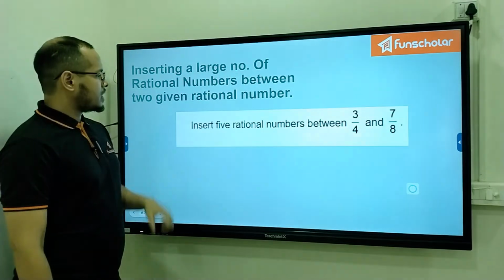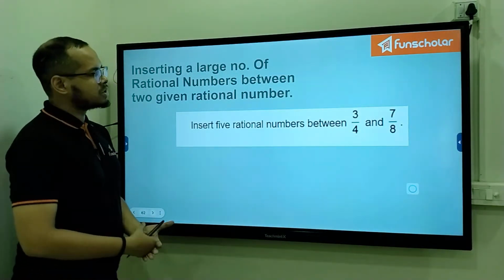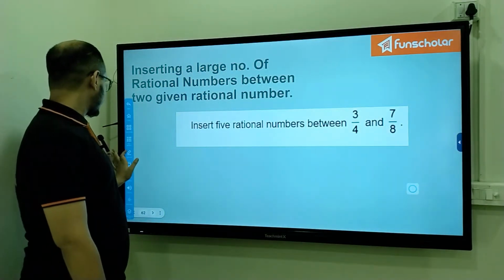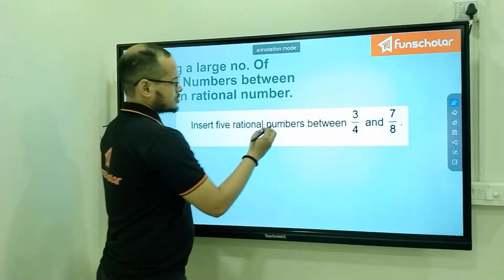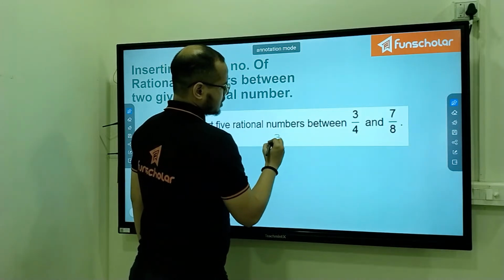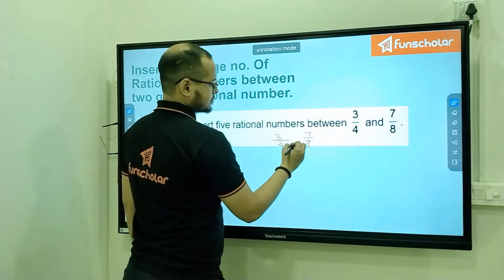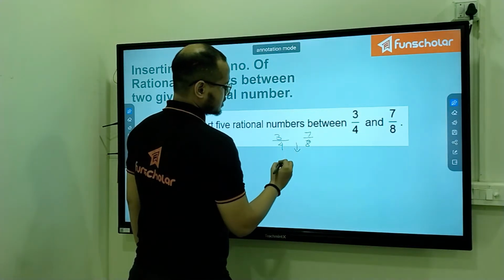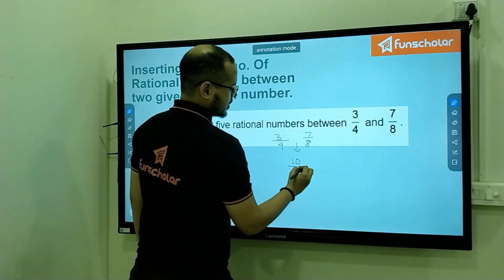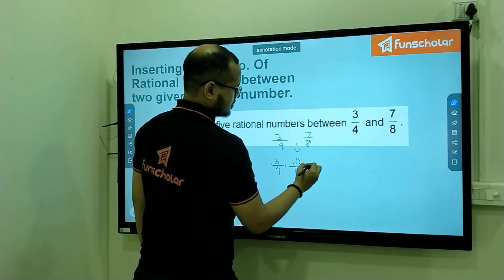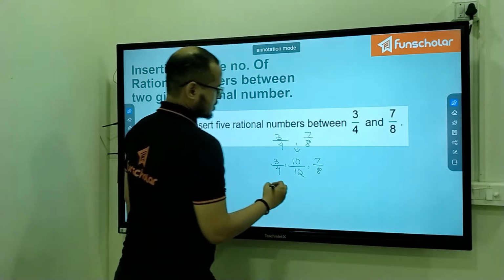Now last, insert 5 rational numbers between 3 by 4 and 7 by 8. Let's solve it. So 3 by 4, now utilize that average method that we have found. First let's add these two: 3 by 4, 10 by 12, 7 by 8.